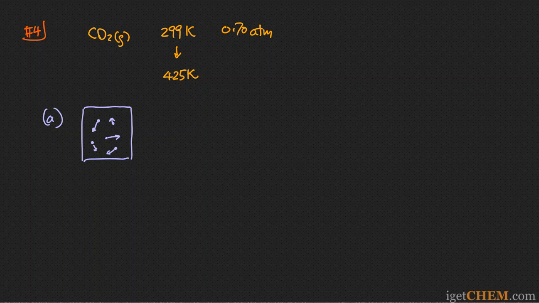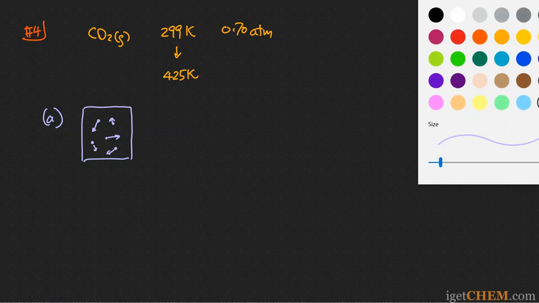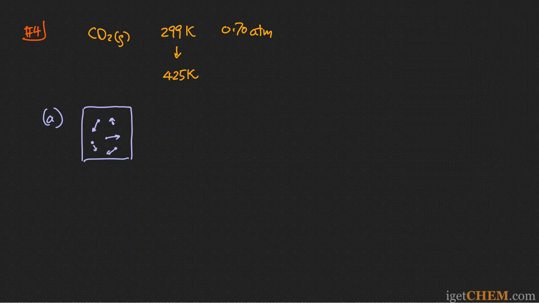When you increase the temperature, the kinetic theory of gases tells you that the velocity of these particles will in general increase, so these will be sped up compared to at a lower temperature. So what that means is the average speed of the molecules will increase as you raise the temperature.